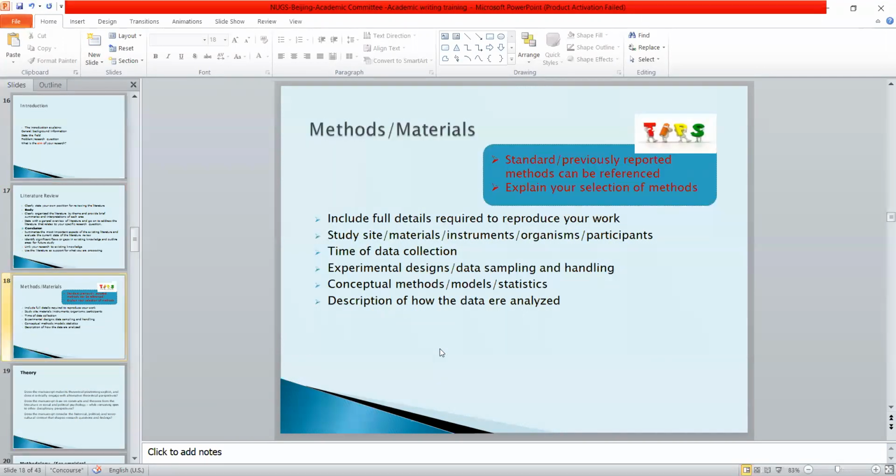Now let's look at this. This is one of the most important aspects of your publication, the methodology. You must indicate whether you are writing a paper to test a theory or to approve a theory. You must indicate your research method.